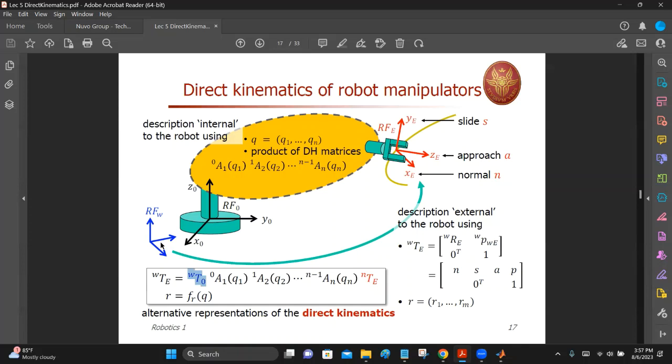But because you are dealing with multiple manipulators, you need to have a common reference coordinate frame like this over here. So therefore, for each robot manipulator, there is an initial coordinate transformation, which brings the zero frame of the manipulator with respect to the world coordinate frame. Here it is WT0, let's say W, for example. So that is why you have this coordinate frame over here.